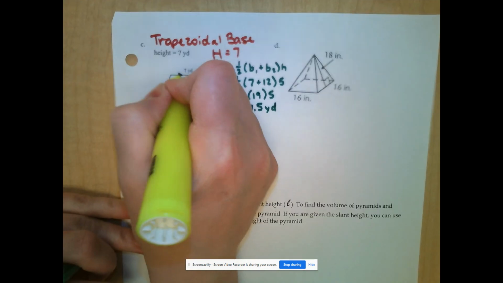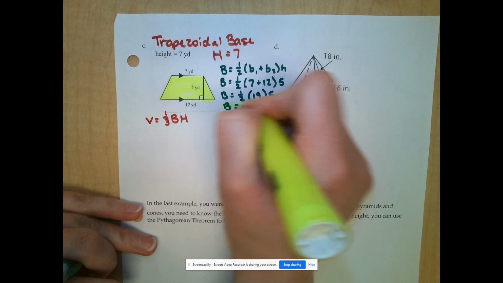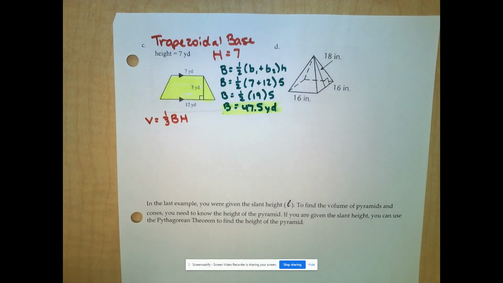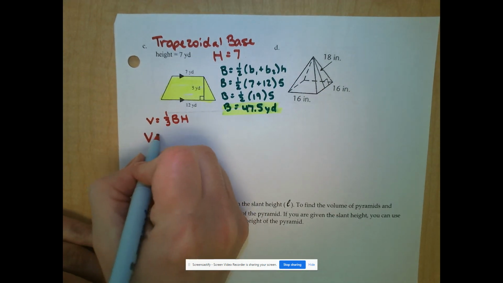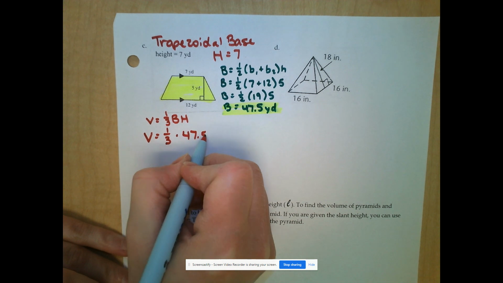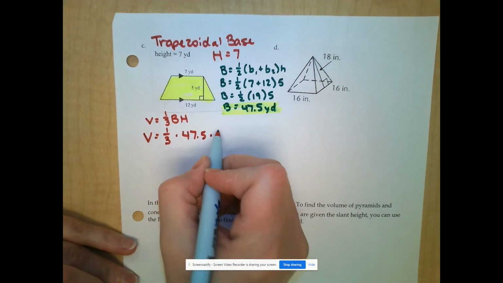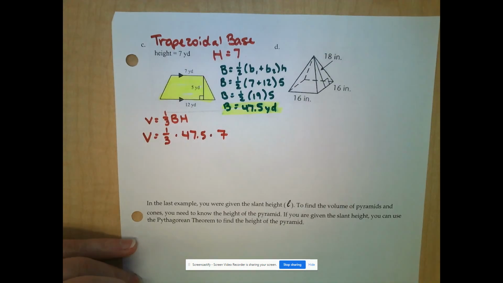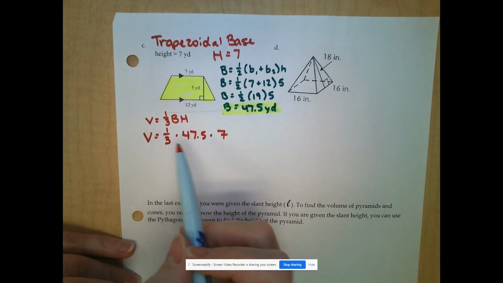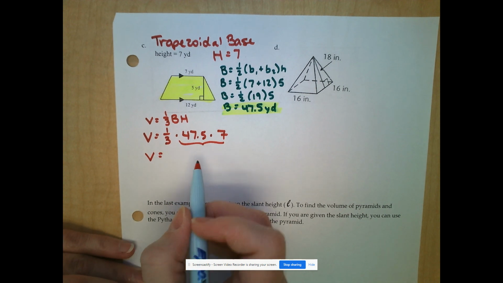So area of the trapezoidal base. So now I can do 1/3 times area of the trapezoidal base times, and they gave us in the directions that the height of the trapezoidal prism was 7. And I would simply multiply the 47.5 times the 7 if it were me, and then divide by 3.